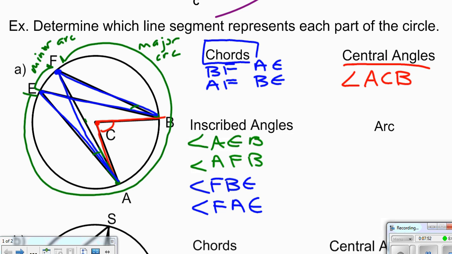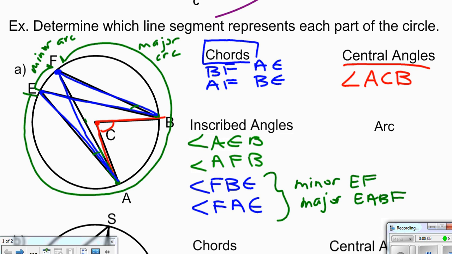Okay? So for these 2 angles, we have the arc EF and the major arc EAB. Okay. For the central angle and for the top 2 angles, they have a different arc.